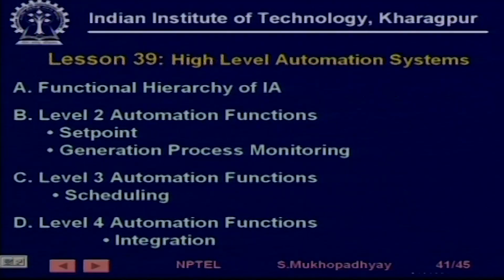We talked about level 2 automation functions such as set point optimization and process monitoring. Actually this is wrong, it should be set point generation and process monitoring. This is a typo.